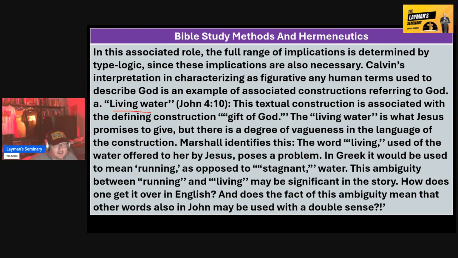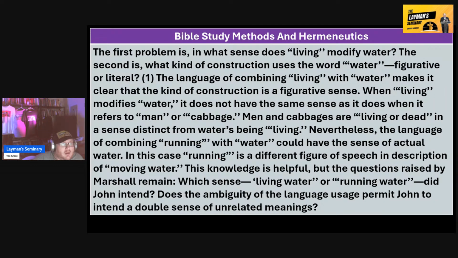This ambiguity, meaning running and living, may be significant in the story. How does one get it over in English? And does the fact of this ambiguity mean that other words in John may also be used with a double sense? The first problem is, in what sense does living modify water? The second is, what kind of construction uses the word water, figurative or literal?